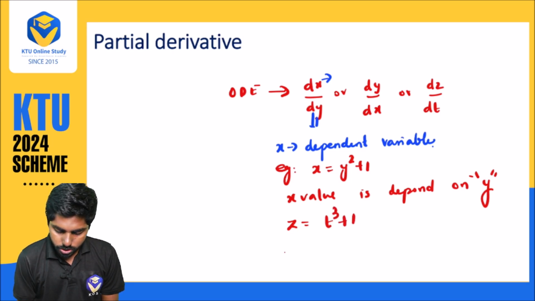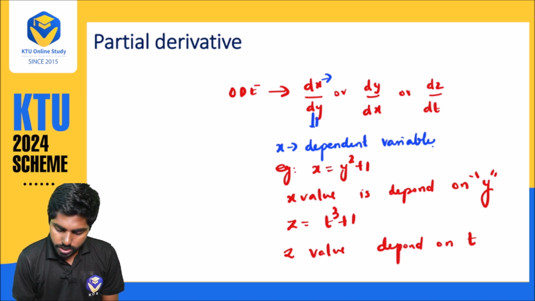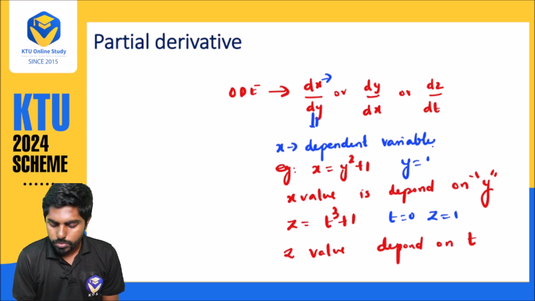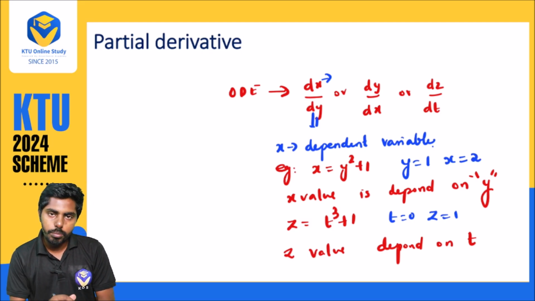So here also the z value depends on t. That means if you assume t is equal to 0, we will get z is equal to 1. Here also y is equal to 1 if I assume the x value is equal to 2. That is the reason we are calling them dependent variable and independent variable.